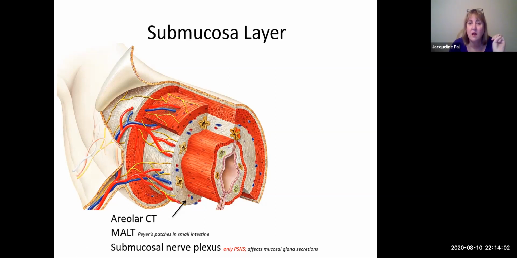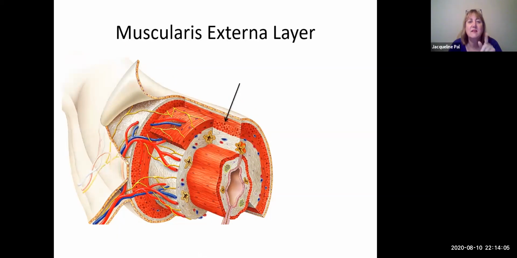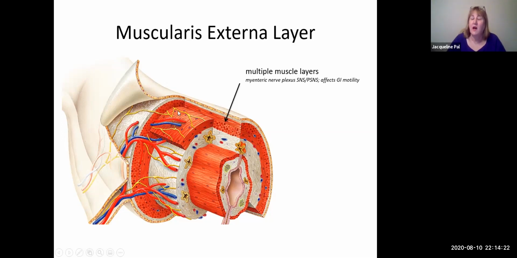Do you remember what it was called? That's right, muscularis externa. The muscularis externa has multiple muscle layers, as I will show you shortly. And once again, we have a nerve plexus. This nerve plexus is between the layers of muscle in the muscularis externa, and it has both sympathetic and parasympathetic. With sympathetic, the smooth muscle will contract, and with parasympathetic stimulation, it will relax.